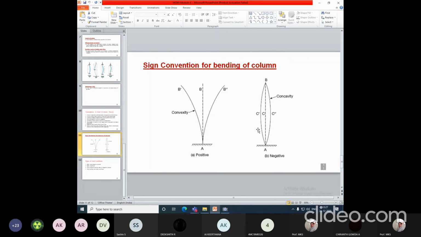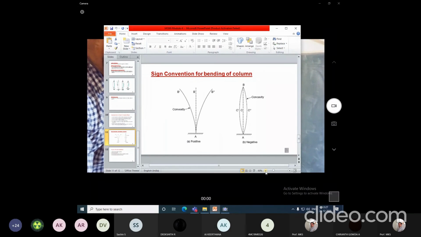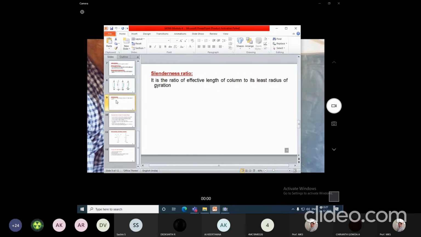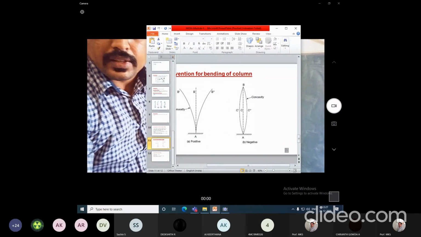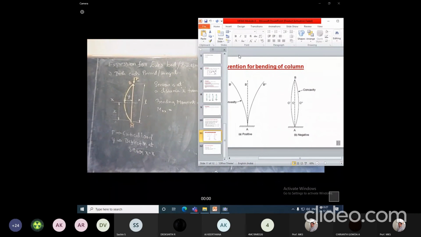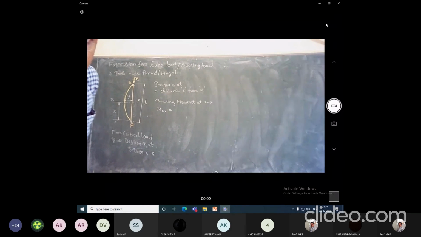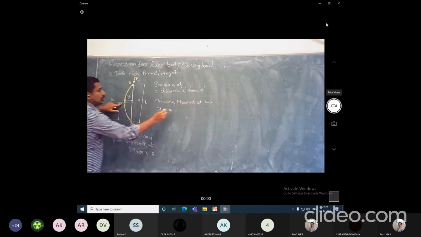If concavity is seen with respect to the initial straight beam, then it is a negative moment. Here, since the support is fixed, it is bending in this manner so that concavity is seen with respect to the initial straight beam. So the bending moment at this section is taken as negative.